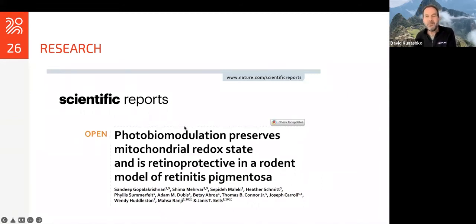Okay, so this paper is from Nature. Hey, that's a pretty respected journal, right? Now, forget about the title because it talks about retinitis pigmentosa, which, by the way, photobiomodulation is being used on an experimental basis to treat. So it's very interesting.